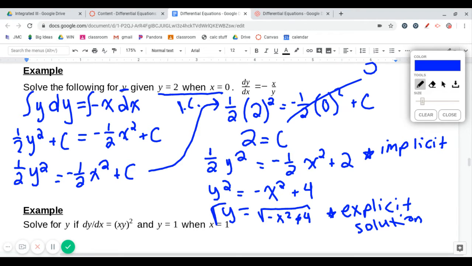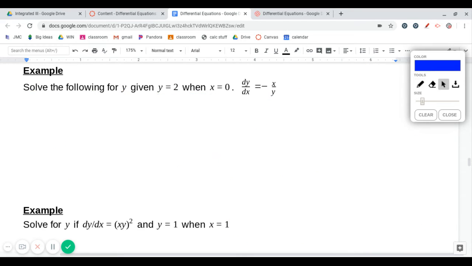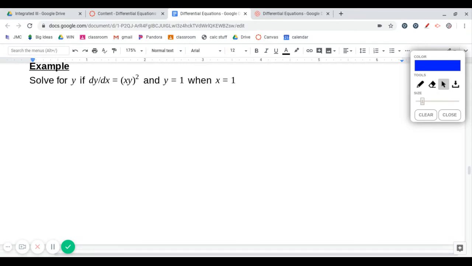All right. And that is one example of how to use separation of variables to solve a differential equation. Now let's look at another example. All right, solve for y if dy/dx equals x times y squared and y equals 1 when x equals 1.